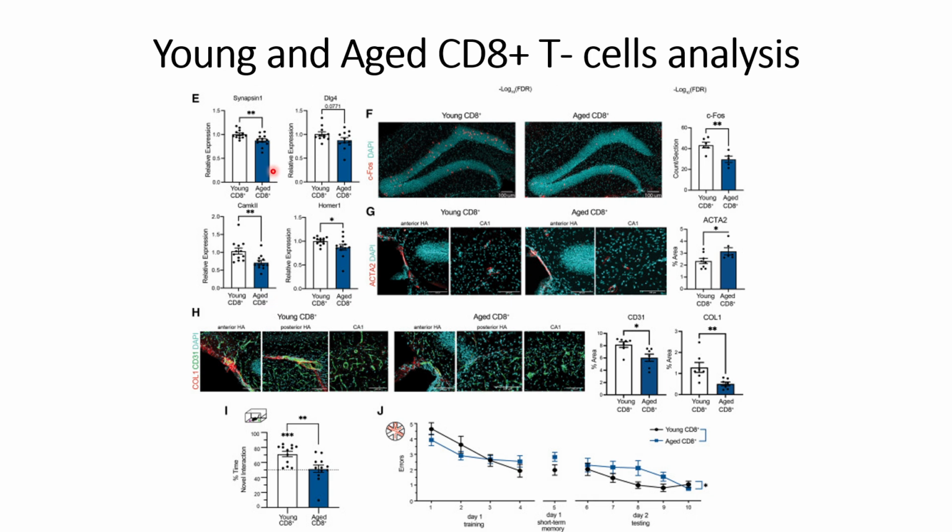And these qPCR results also hint towards the same, that aged CD8 T cells have lower brain efficacies compared to the young CD8 T cells treated in the mice conditions.